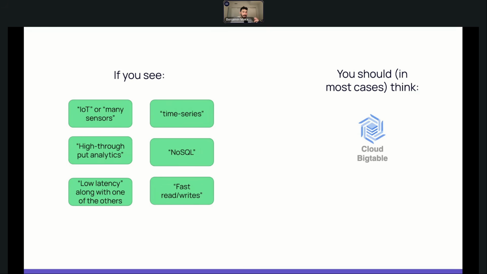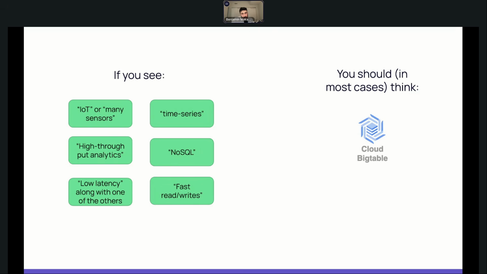And so, especially with tables that look like time series use cases, it's really good at analytics on those kinds of tables. But if you're doing complex querying, if you're doing ad hoc queries, Bigtable is not the best for that, especially if your data is NoSQL.